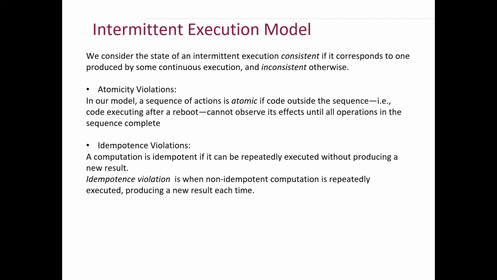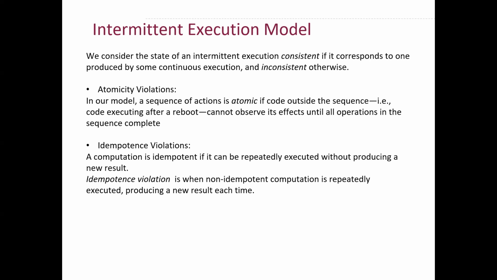Let's say operations in the sequence can observe the results of operations in the sequence or initial values from the start of the sequence. What this means is that you're running a particular task before a task boundary. So anything which runs after a reboot cannot access what was done in the previous cycle of execution.